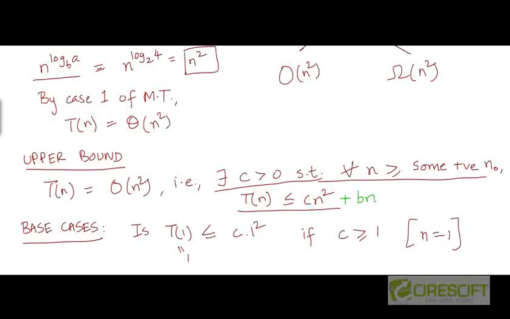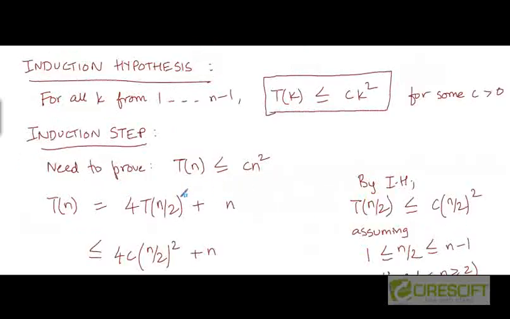So let's say we had modified this claim by adding a lower order term. The claim wouldn't have gone through again because we would have liked to prove that T of n is less than or equal to Cn square plus Bn. But when we try to prove that, we would have substituted T of n by 2 times C times n by 2 squared plus B times n by 2.